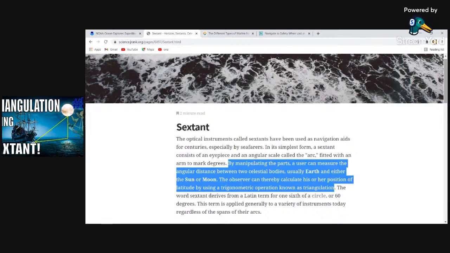Yep, that sounds like what we're doing with the sextant, isn't it? Angle measurement. By manipulating the parts, a user can measure the angular distance between two celestial bodies, usually Earth and either the sun or moon. The observer can thereby calculate his or her position of latitude by using a trigonometric operation known as triangulation.